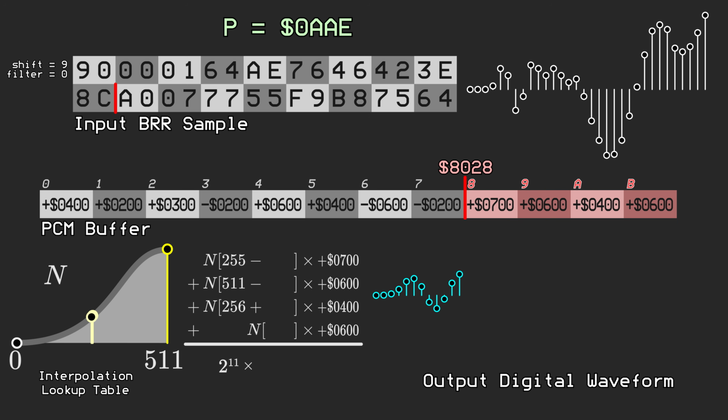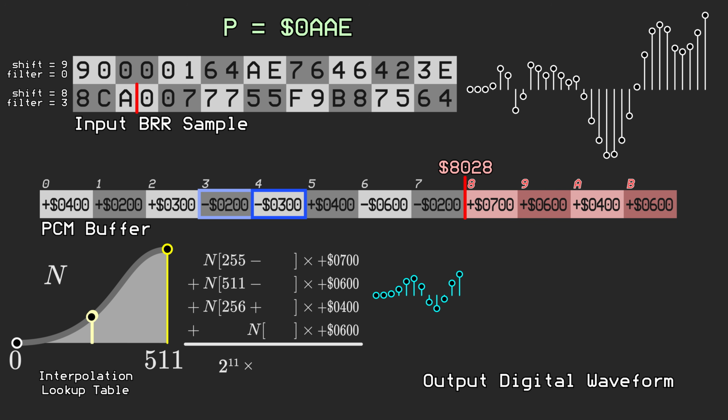These sample points are coming from the second BRR block. This block uses a shift value of 8 and filter mode 3. Filter mode 3 includes the previous 2 PCM buffer values in the calculation for the current one. So this first sample point of hex A, or negative 6, gets shifted left 8-1, or 7 times to get negative hex 300.